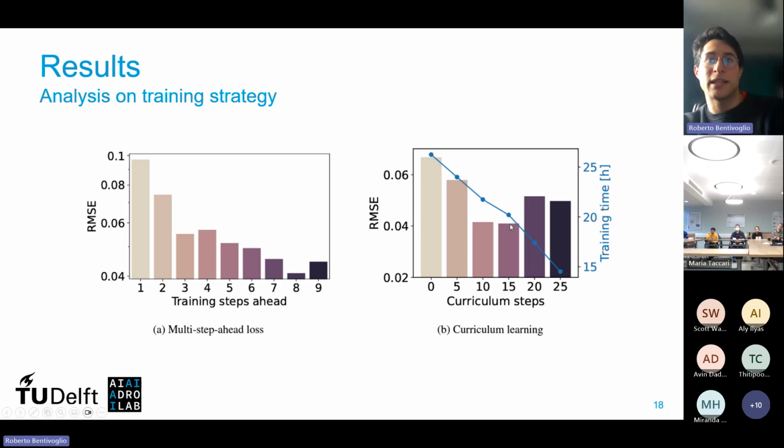Obviously, the higher you have this curriculum step, so after which you change your number of steps ahead in the loss, the faster the model trains, because you're spending more time on a simpler problem, on just 1 step ahead instead of 2, 3, or so on. And it also improves the performance when you go to a certain value of curriculum steps.